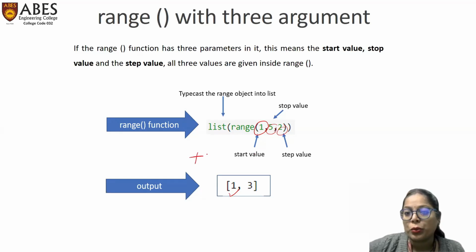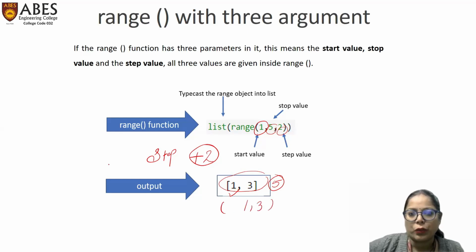That means 2 is being added, so the step value is 2. So 1 plus 2, the next value is 3, and the next plus 2 will be 5. But the stop value is 5 only, and the stop value is never included. So the output will be 1 comma 3, and as it is a list, it is in the form of this. If it were in the form of a tuple, the output would have been like this.